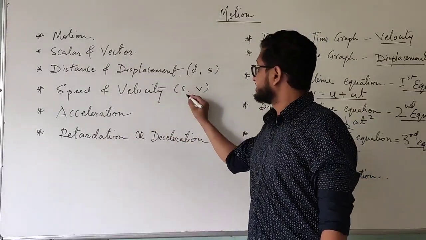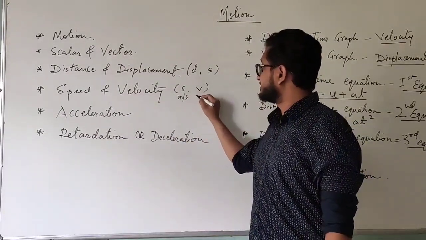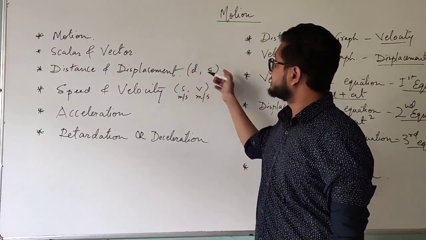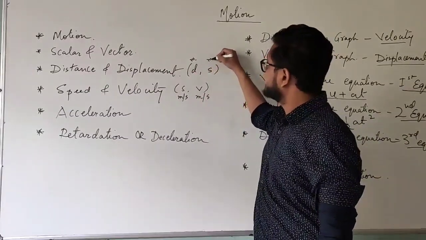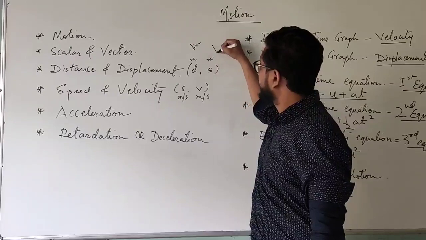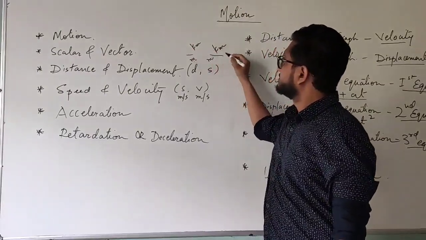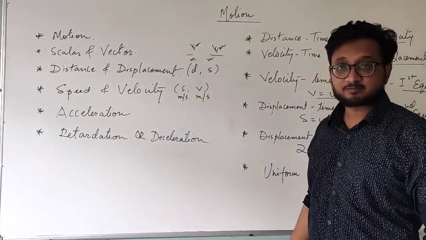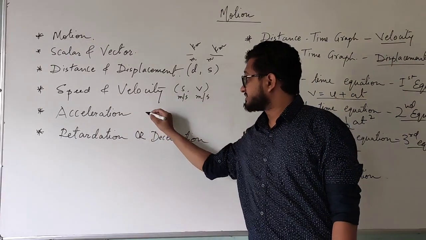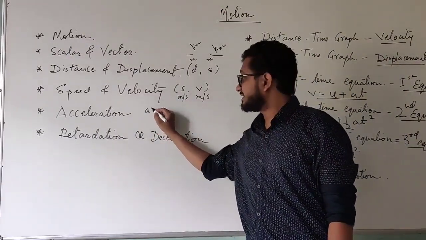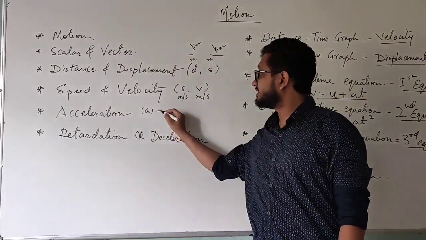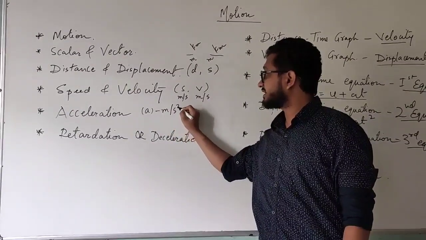In both these cases, the unit is meters per second. In these two cases, it is meters and meters, or kilometers and kilometers. Don't get confused. In acceleration, the symbol is a, very simple, but the unit is meters per second square.